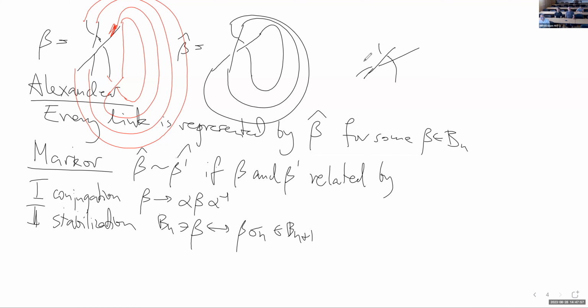This is the original braid. And now I'm going to add an extra crossing here. Let's do it properly.